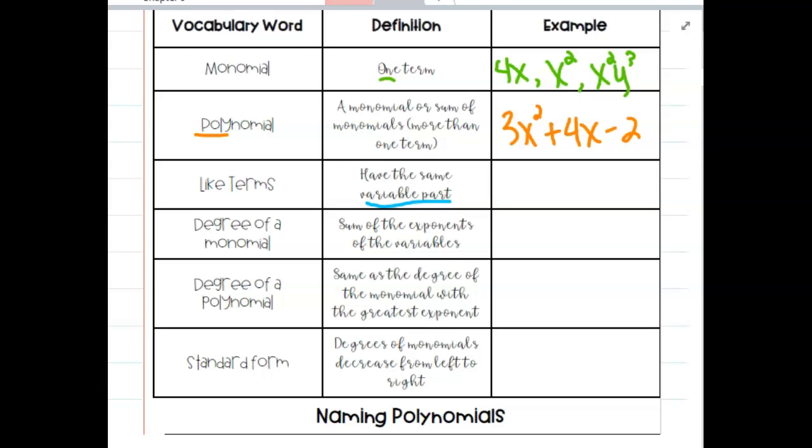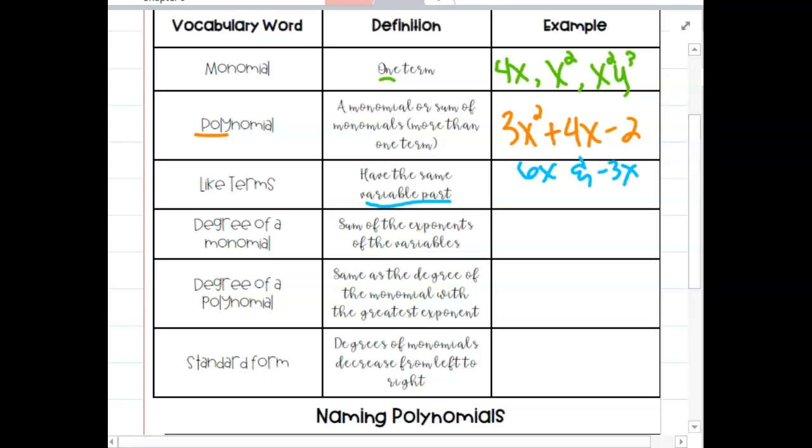For an example of like terms, take 6x. Anything that's a like term with 6x has to have the exact same variable part. It needs to be an x, so it could be 6x and negative 3x. They're both x's.